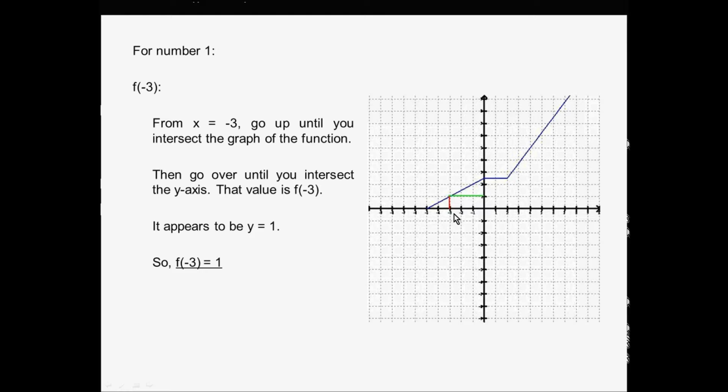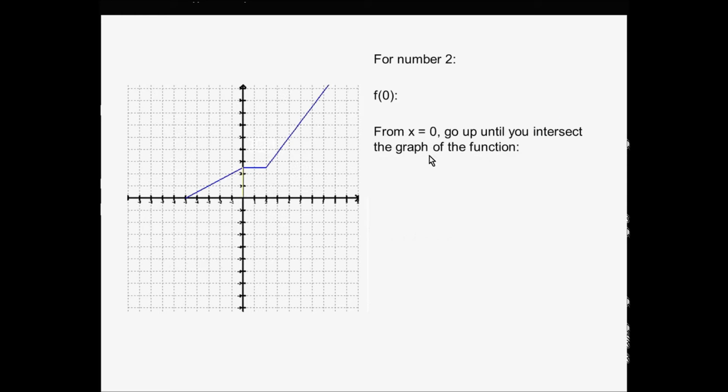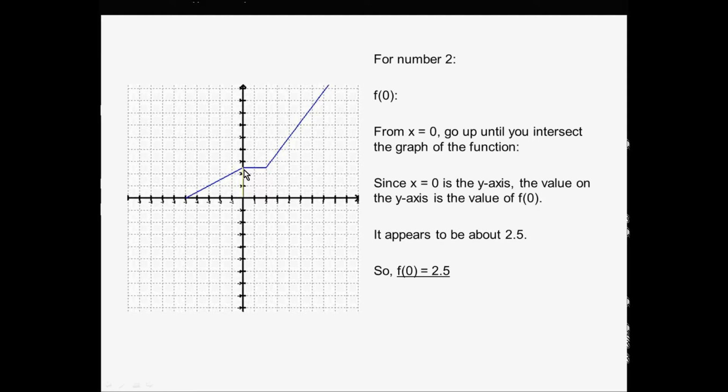Number 2 was f of 0. At x equals 0, remember, that's going to be on the y-axis. Go up and hit the graph, and then you're looking for the y value there. I'm already on the y-axis. The y value there looked like 2.5. So f of 0 is 2.5. Then number 3 was f of 4.